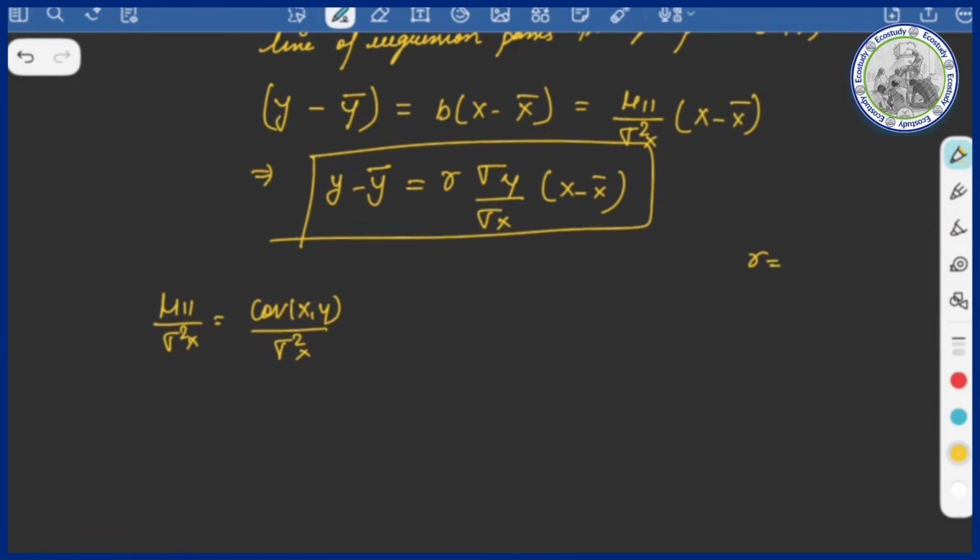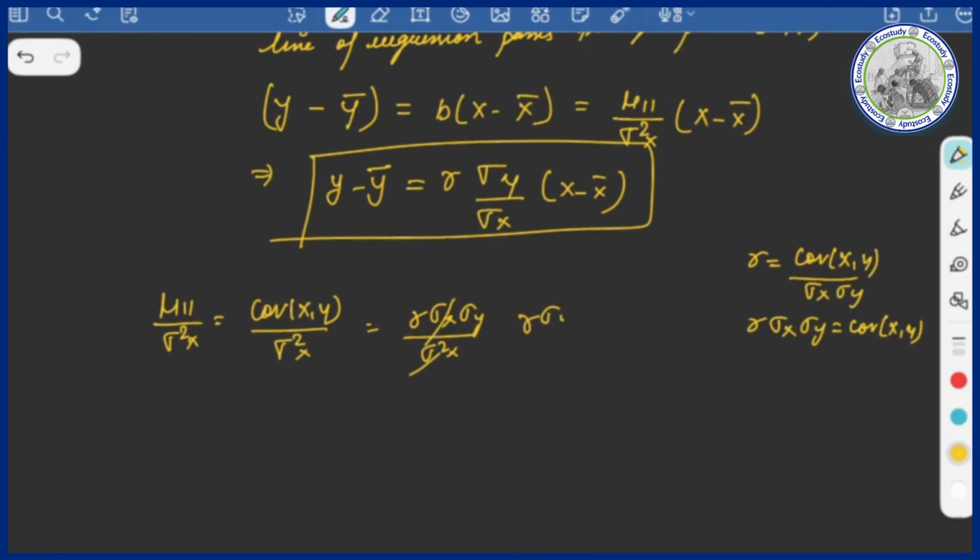And correlation r is equal to covariance of xy divided by sigma x sigma y. So r sigma x sigma y is equal to covariance of xy. Just put it here: r sigma x sigma y over sigma squared x cancels to r sigma y by sigma x, which I have used here.